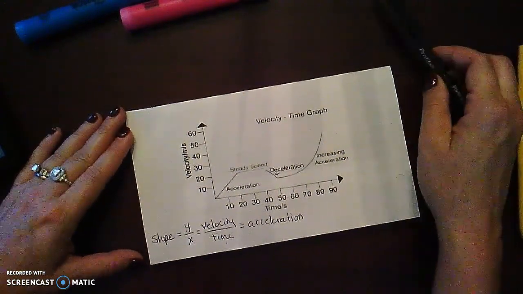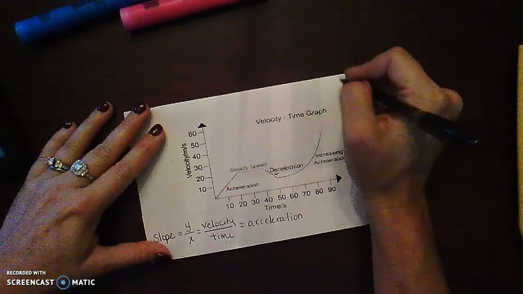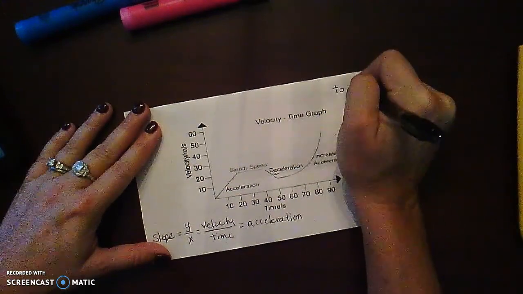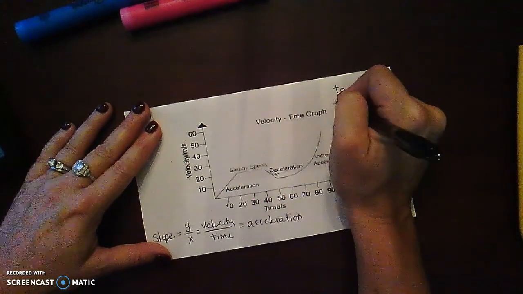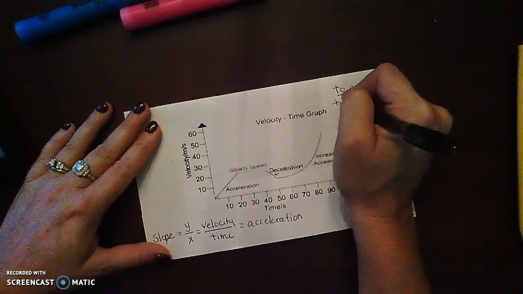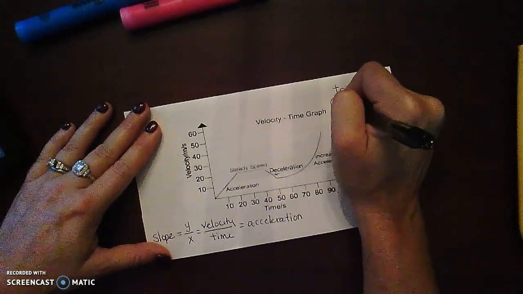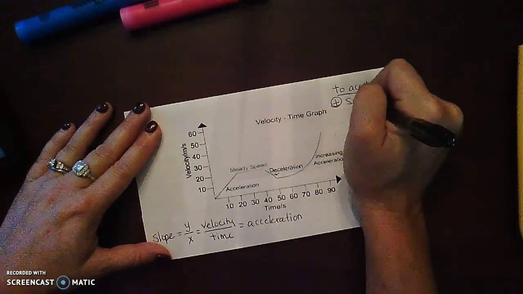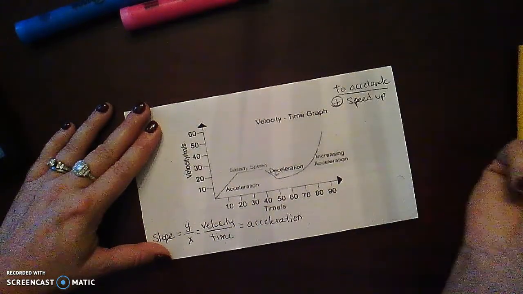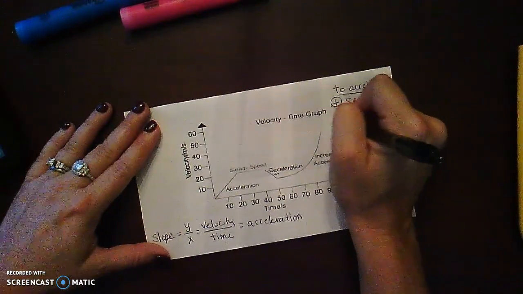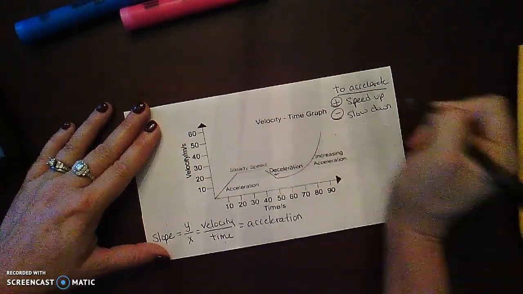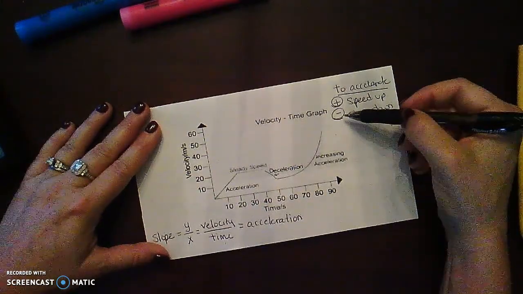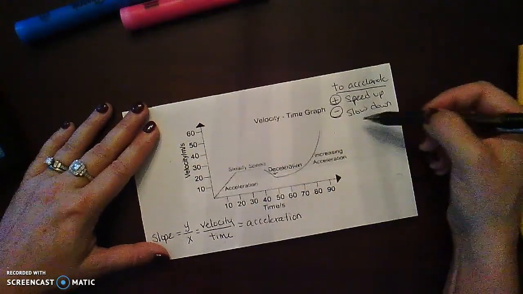And to accelerate, three things can occur. To accelerate, you are either speeding up, you have a positive acceleration. That means you're hitting the gas. Also, you can decelerate, which means to slow down.